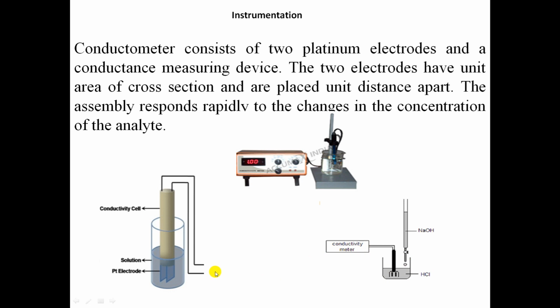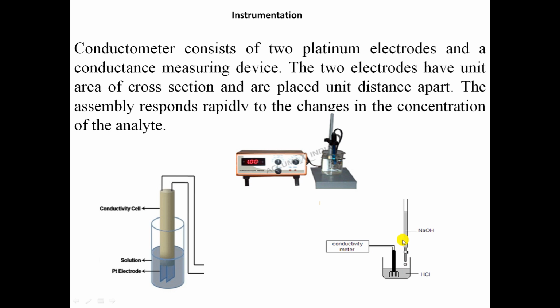Cell constant is defined as the ratio of the length between the platinum electrodes divided by their area of cross section. Therefore, the cell constant is 1. When the cell constant is 1, whatever conductivity is measured is the specific conductivity. The assembly responds rapidly to changes in the concentration of the analyte.